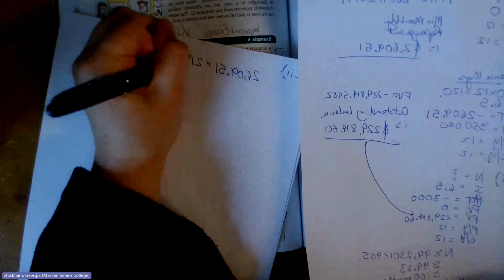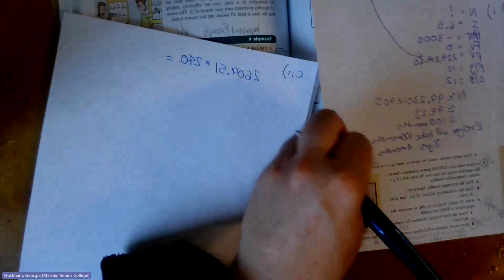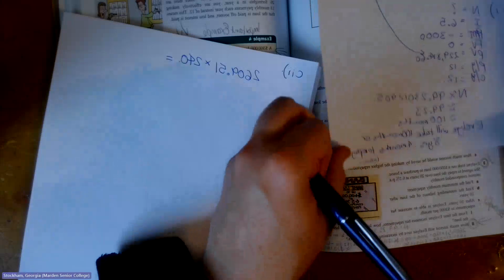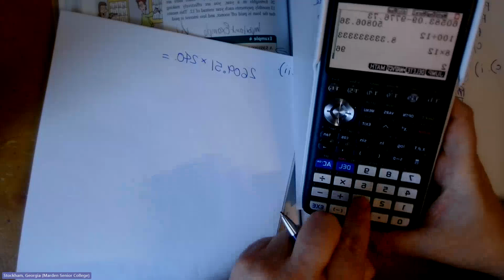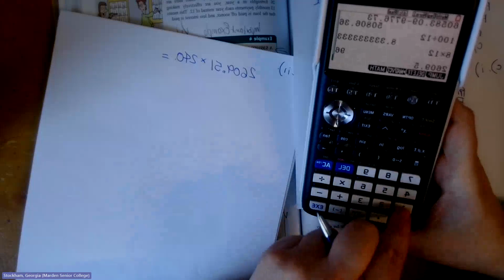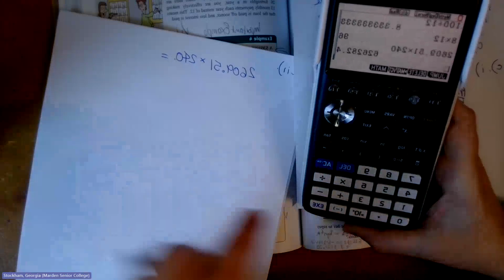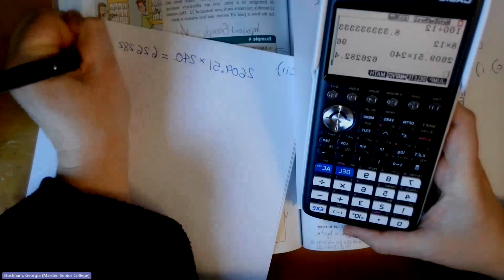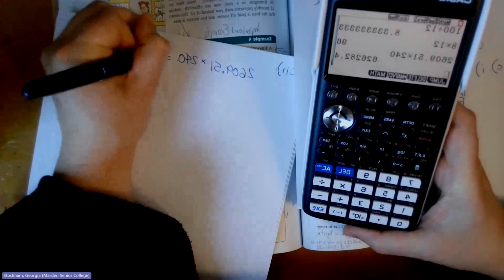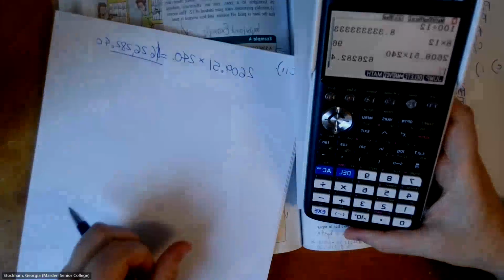If we come back to here, 240, wasn't it, over the 20 years? So 2609.51 times by 240 is 626,282.40. Okay, so that's our total repayments.